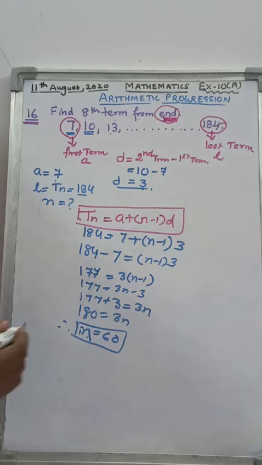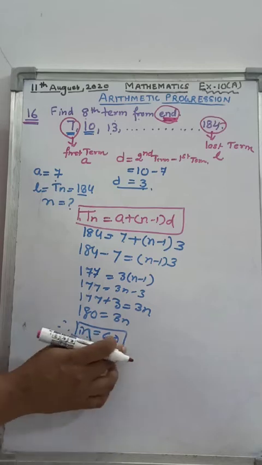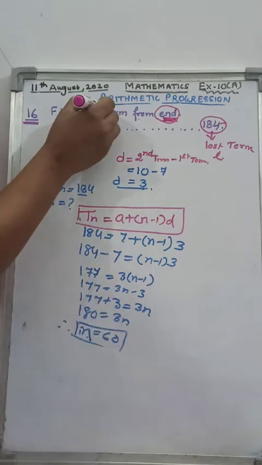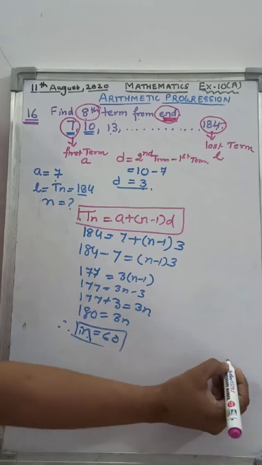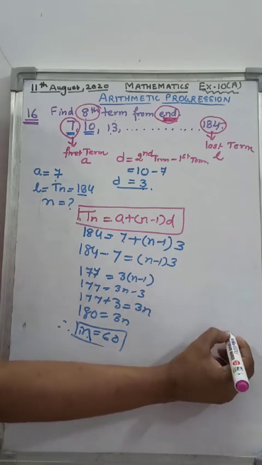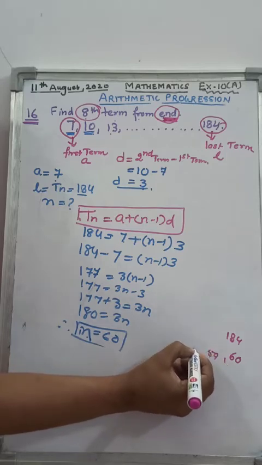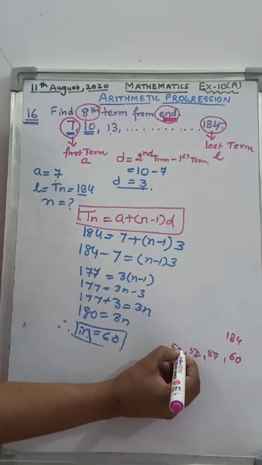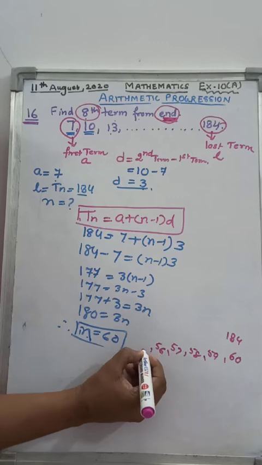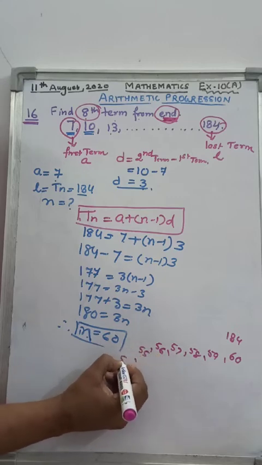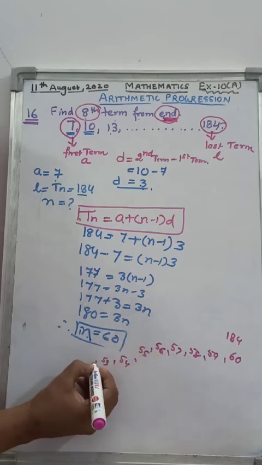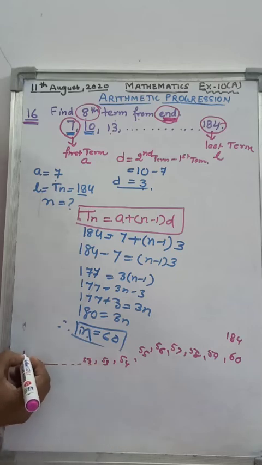Clear? Now what we have to find? From the last, we have to find the 8th term. Now see how you will do it. The 60th term is 184. Then 59th term, 58th term, 57th, 56th, 55th, 54th, 53rd, 52nd, and so on, up to the first term.